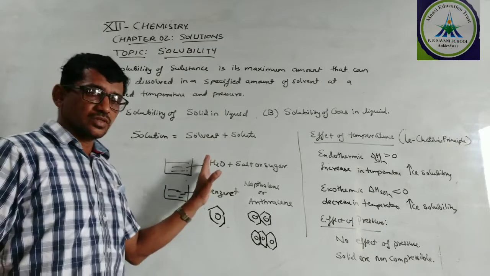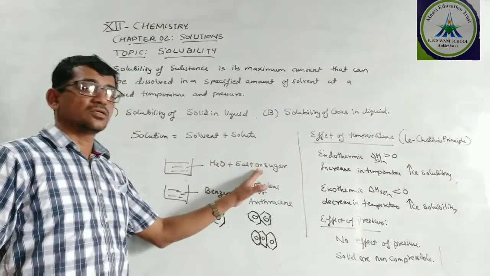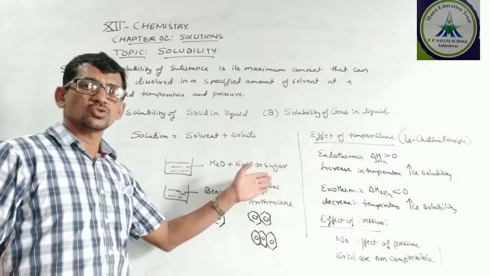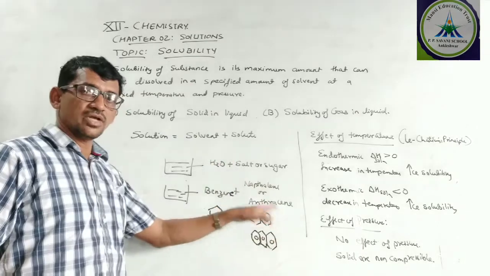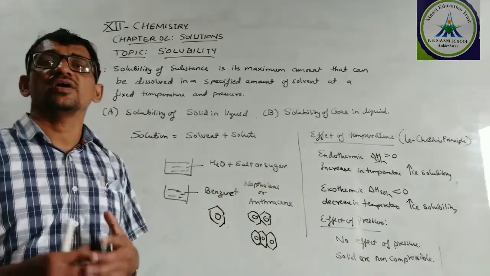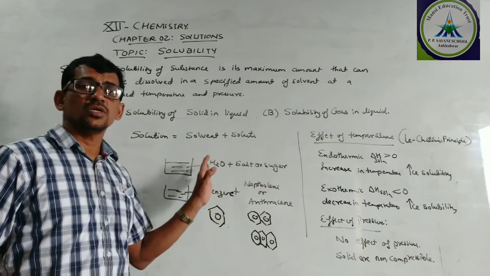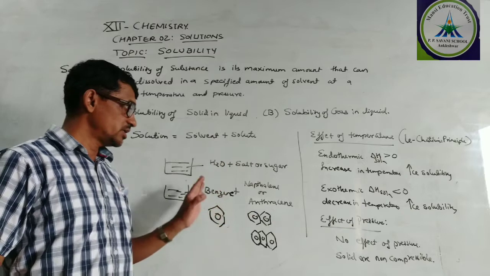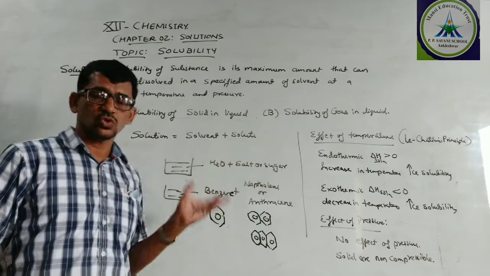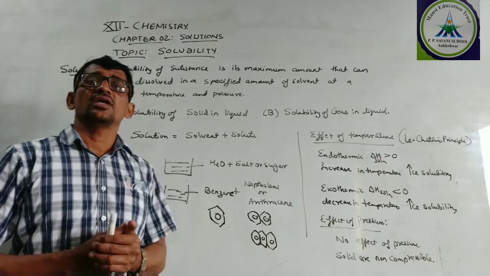Now water is a polar solvent. In it, polar solutes like salt or sugar can be dissolved. If you add an organic compound to water, the solubility is very low. Similarly, if you add sugar or salt to benzene, the solubility is also very low.